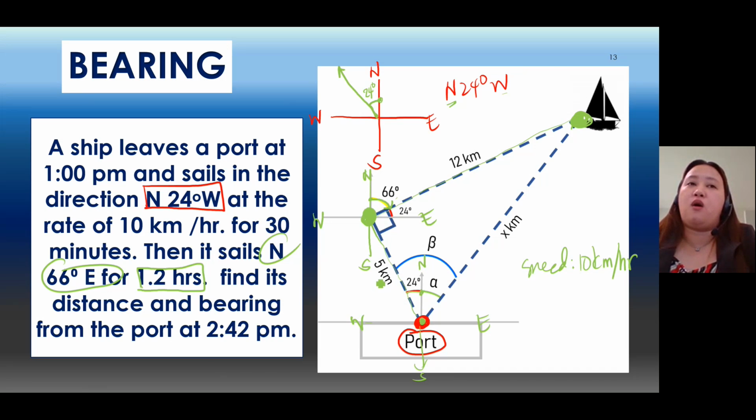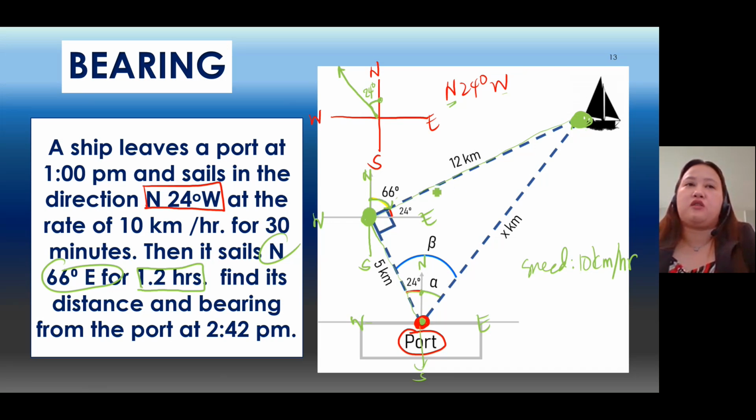With 1 hour, the ship traveled 10 kilometers. Then 0.2 of an hour, it traveled 2 kilometers. So we have 10 kilometers plus 2 kilometers, which is 12 kilometers here.